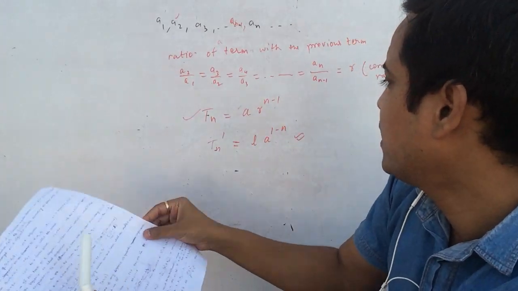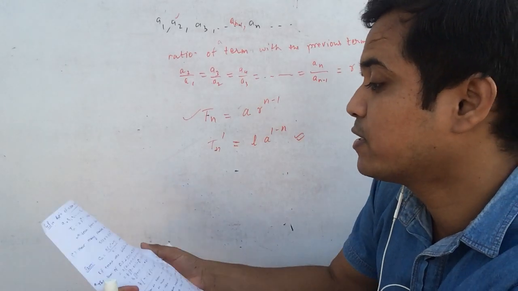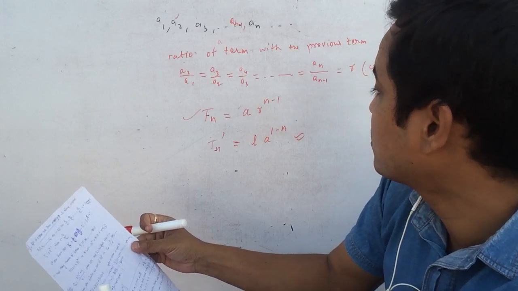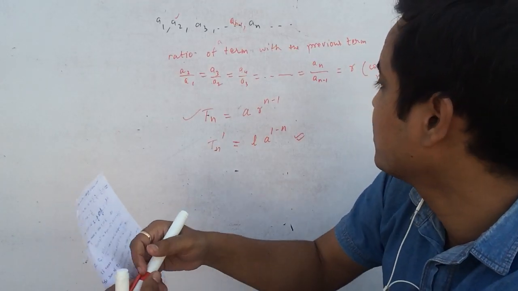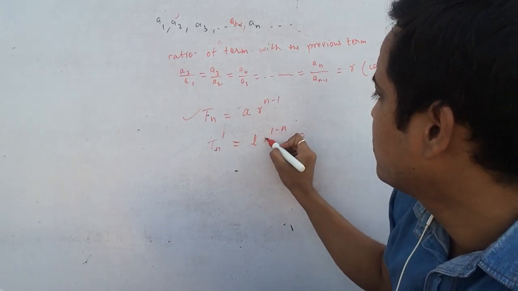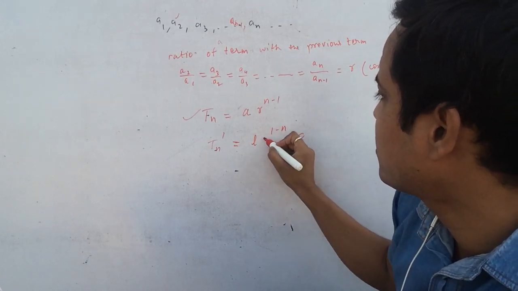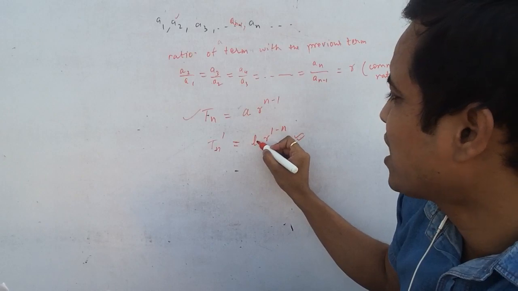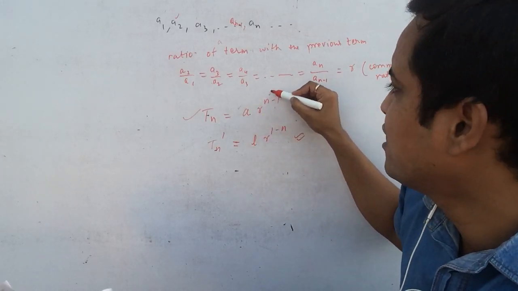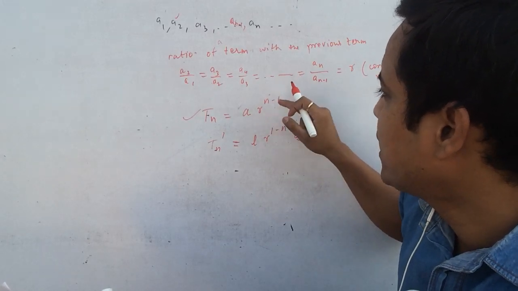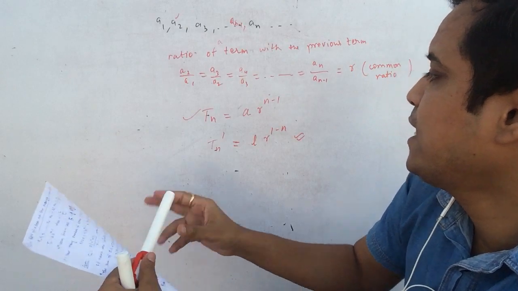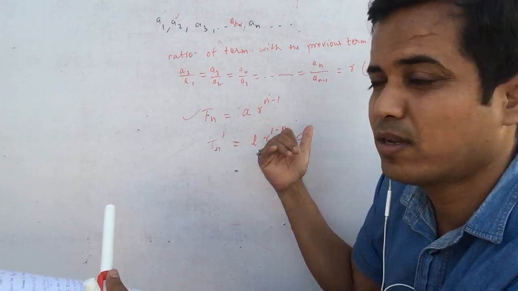And what about the next topic here? Yes, L r, which is wrong, I think. It's not a, it's L r raised to power 1 minus n. Here r is the common ratio, L is the last term, a is the first term, n is the number of terms, Tn is the nth term from the beginning, and Tn dash is the nth term from the last.